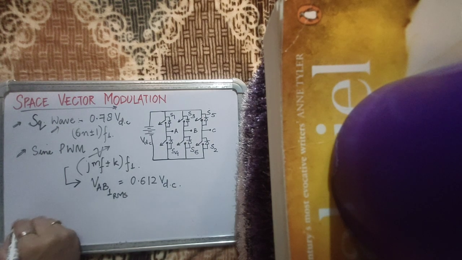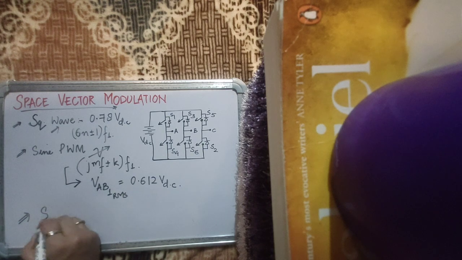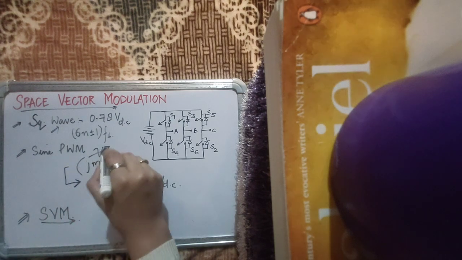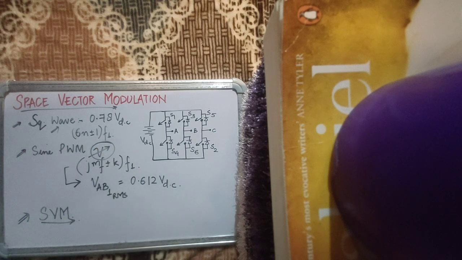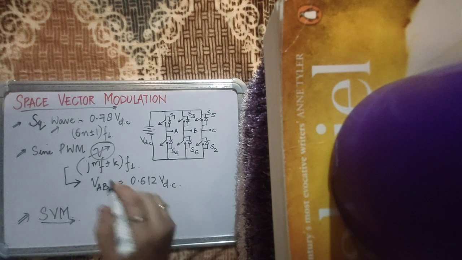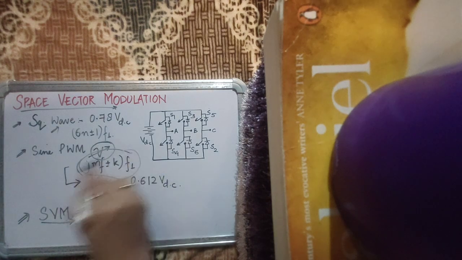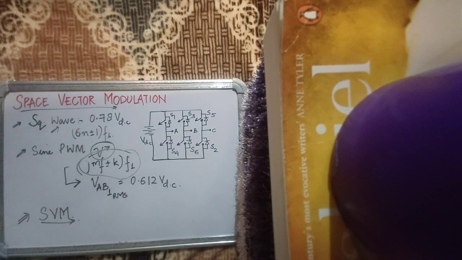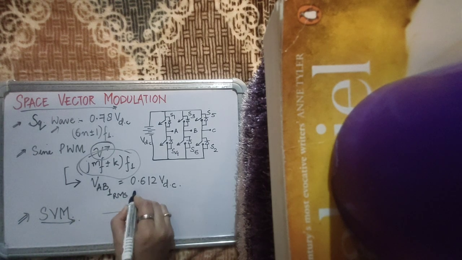Now today's lecture is going to be about space vector modulation, popularly known as SVM, where we basically want control over the output voltage. We should have harmonics shifted again to the high frequency side. In fact, the harmonic spectrum should be further improved if possible, and most importantly, we should get better utilization of the input DC.